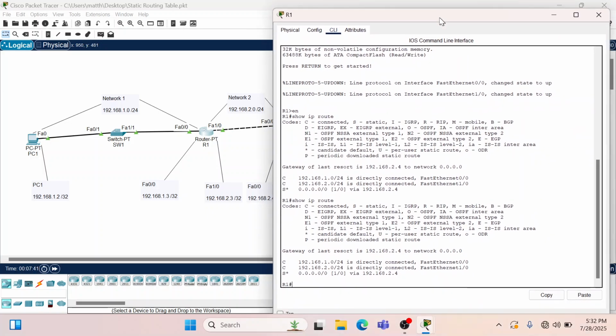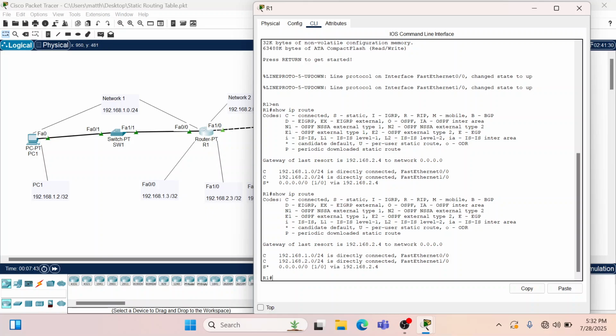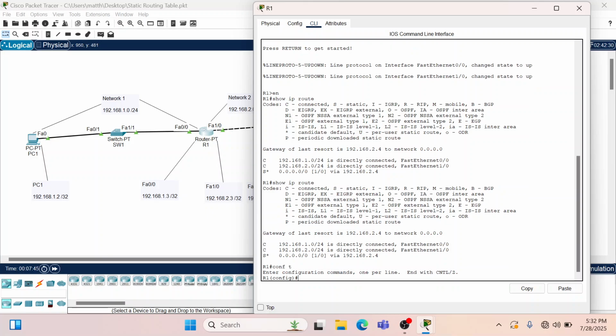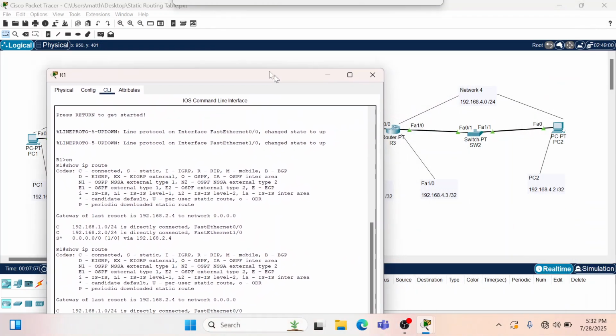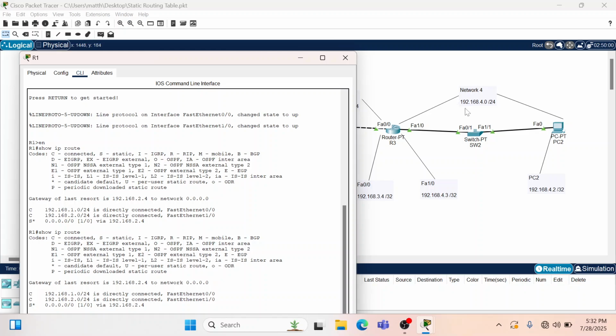To configure that, go into global configuration mode, and we'll enter the command ip route. Then you type in the destination address. The destination address is network 4, that's where we're trying to go, which is 192.168.4.0.